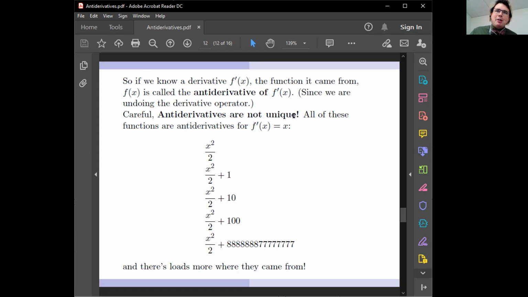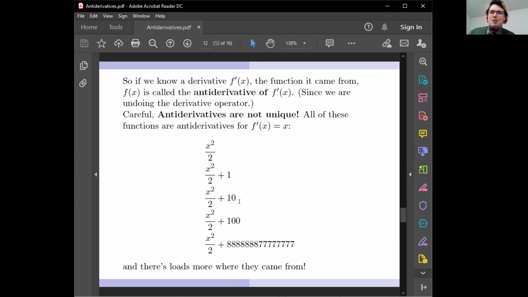So here are a couple antiderivatives for the function f prime of x equals x. x squared on 2 is certainly an antiderivative of that function, as is x squared on 2 plus 1, or x squared on 2 plus 10, or x squared on 2 plus 100, and so on.